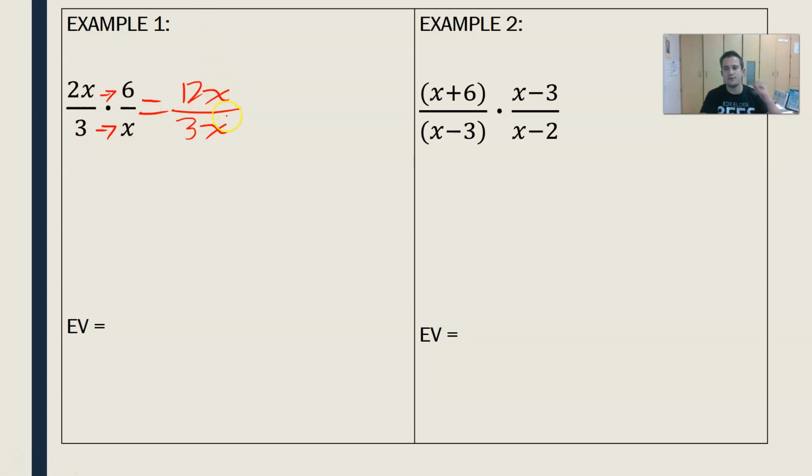From right here, I can automatically know I need to simplify this. I need to cancel out anything that I can. If you notice, 12 can be written as 4 times 3. 4 is 2 times 2. So I could rewrite this numerator as 2 times 2 times 3 times x. And the denominator I could write as 3 times x.